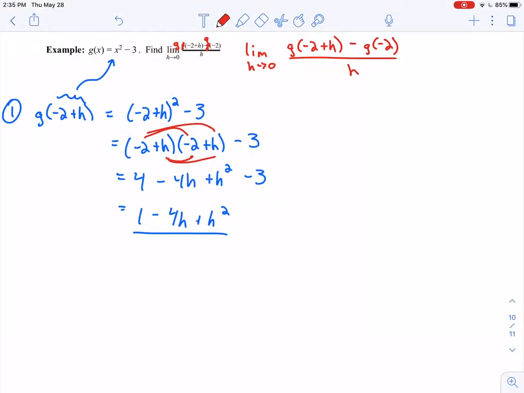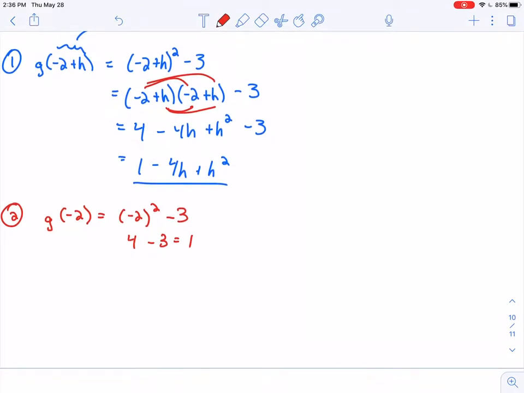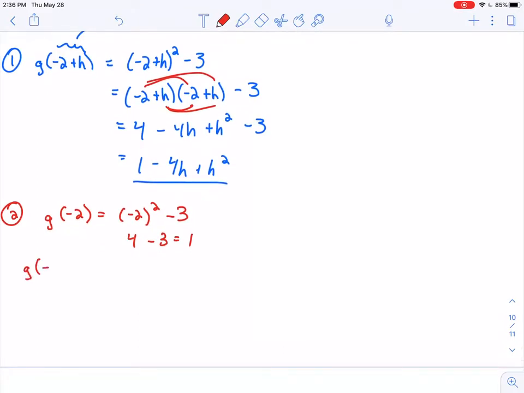So step 2, let's go find what g of negative 2 is so that we can subtract that. This is negative 2 squared minus 3. 4 minus 3 gives me 1. Okay, so I want to subtract this value from what I just found: g of negative 2 plus h minus g of negative 2.